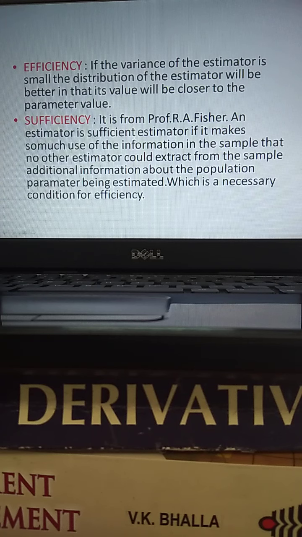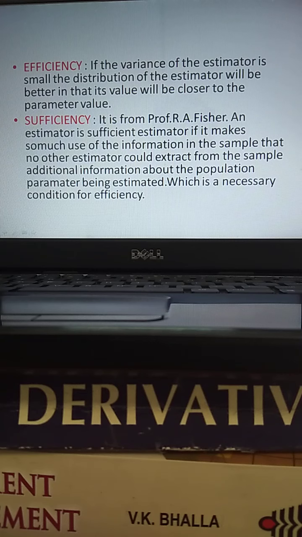What he says is that an estimator is a sufficient estimator if it makes so much use of the information in the sample that no other estimator could extract from the sample additional information about the population parameter being estimated, which is a necessary condition for a sufficient estimator.